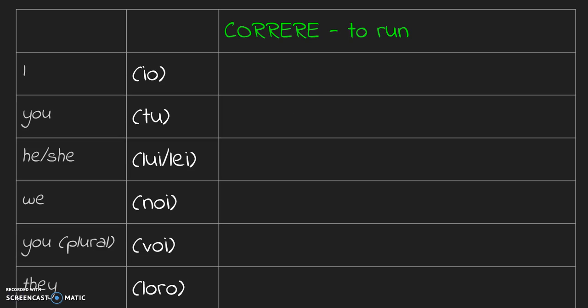So let's look at the next group of verbs, -ere verbs. Here we have an example of an -ere verb, correre, to run. So our initial steps are the same. We remove the ending, and this time it's an -ere ending. And again, we are left with the stem, which is cor.